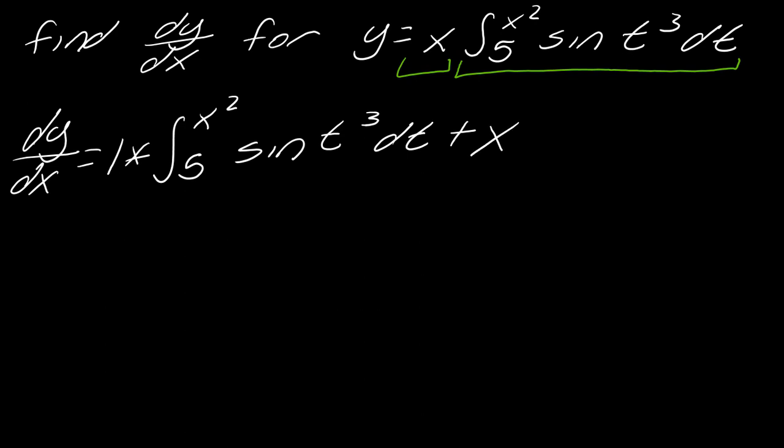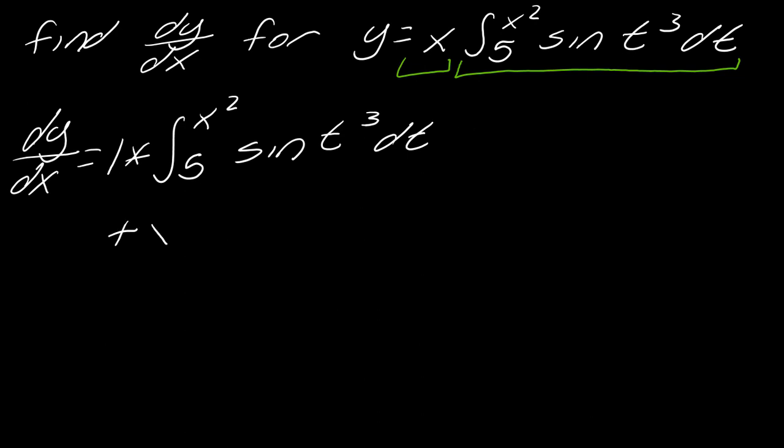Now I'm going to take the derivative of this integral. There's a couple of issues, so I'm going to plug in this x squared, but since this is x squared and not x, I have to use the chain rule here. So let me write this down here.